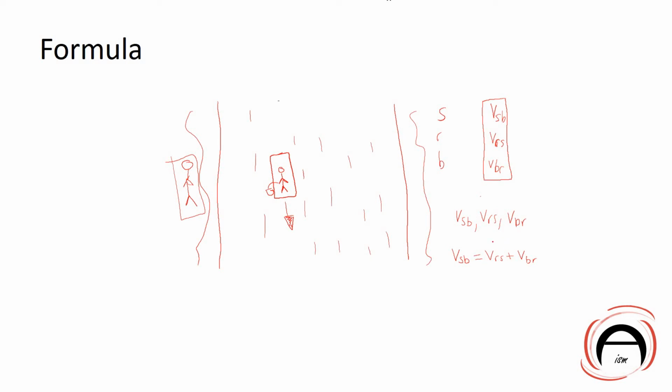So that makes sense to be these two others added up. The velocity of the river relative to the shore is just going to be the current, and the velocity of the boat relative to the river is just going to be how fast you're rowing. So that's going to be how fast the shore is going, which is how fast all those speeds are added up.